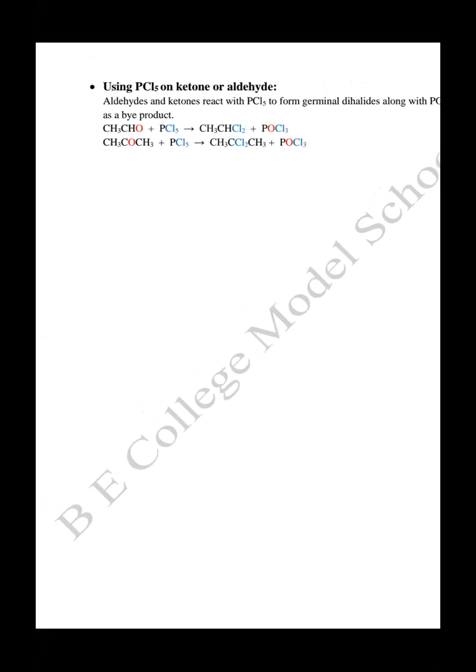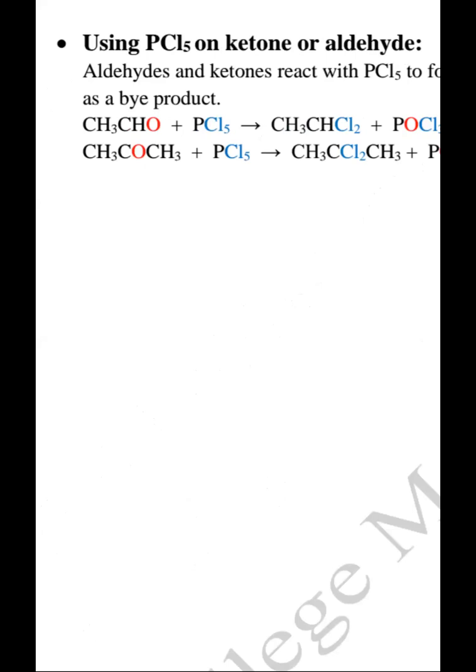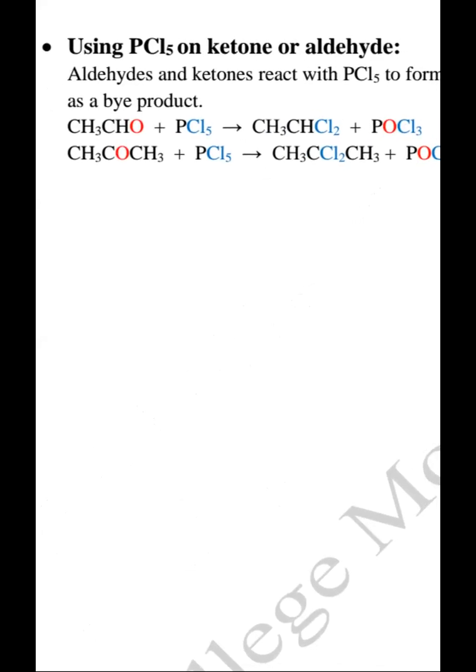The next reaction that we are going to see is the use of PCl5 on a ketone or aldehyde. Here PCl5 reacts with an aldehyde or ketone to remove the carbonyl oxygen. Two chlorine atoms get attached to the particular carbon containing the carbonyl oxygen, and we get geminal dihalides.